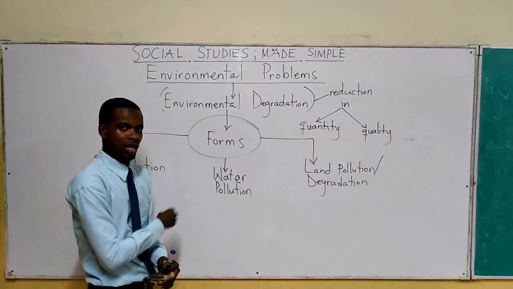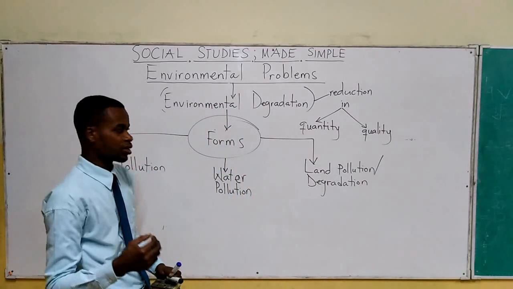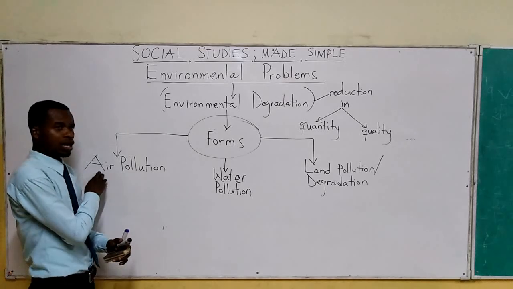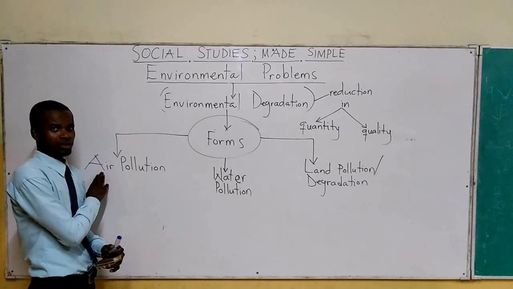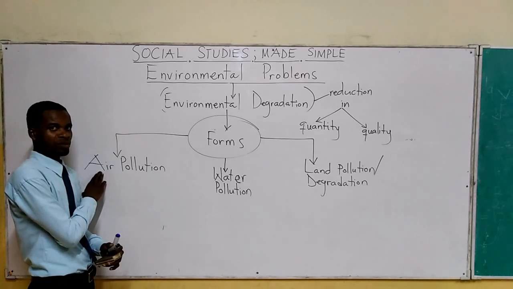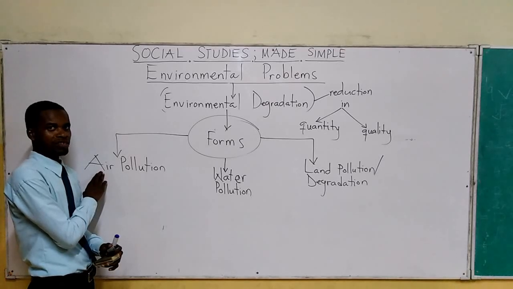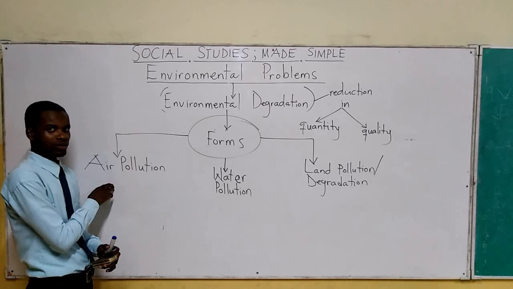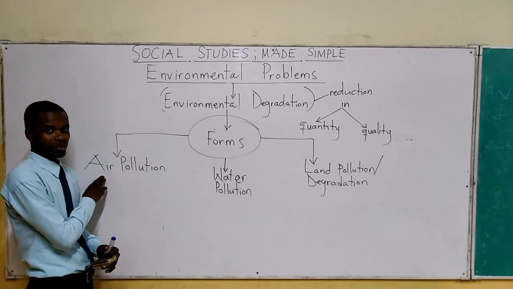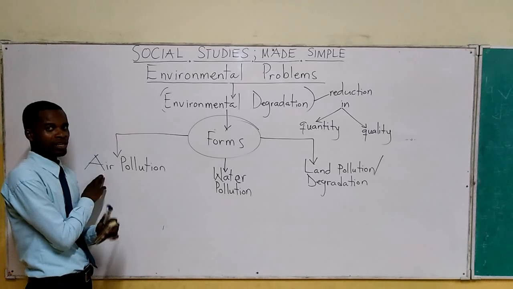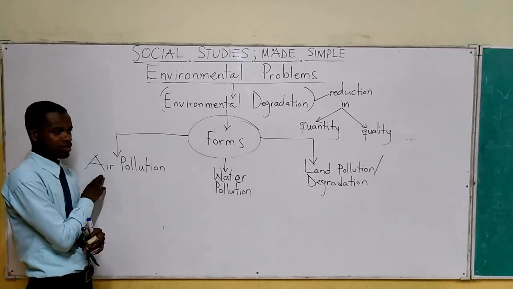Let me give you an example in a scenario. If we release poisonous gases, or if you burn refuse, the smoke contaminates the air and makes it impure for breathing. When that happens, you don't enjoy that air again. So the quality of the air has been affected.